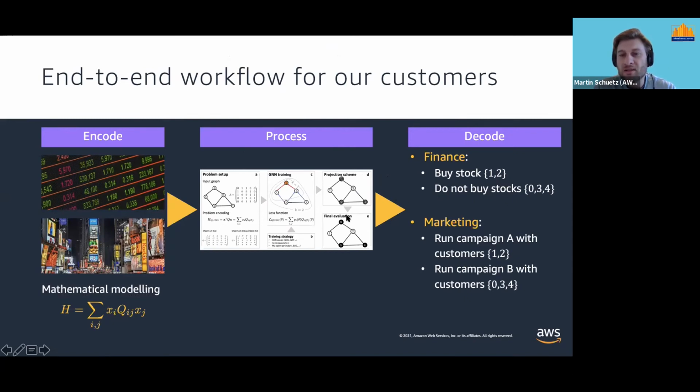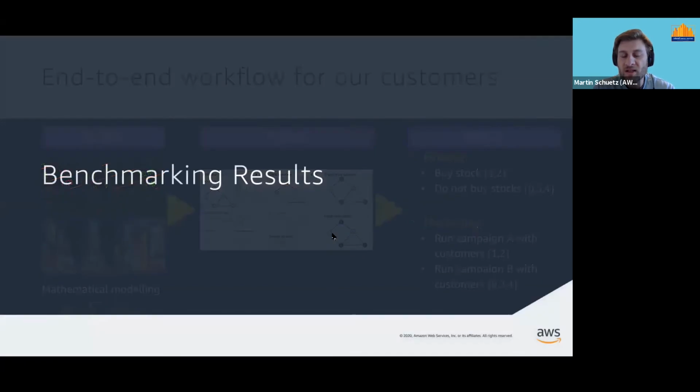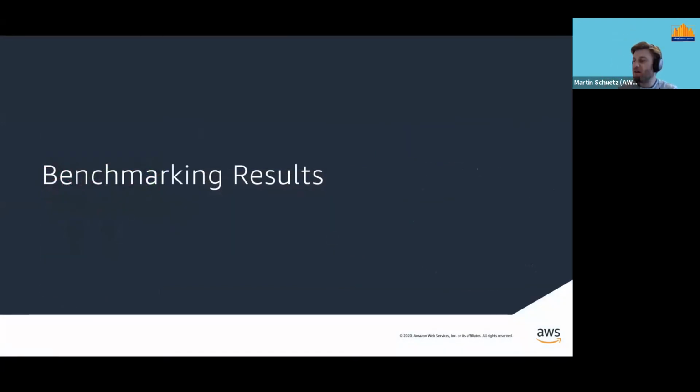That 5-node example could mean buy the white colored stocks 1 and 2 and do not buy stocks 0, 3, and 4. For an underlying marketing problem, that could mean run campaign A with customers 1 and 2 and run campaign B with customers 0, 3, and 4. So with that, we've covered the whole framework as described in our recent research paper.